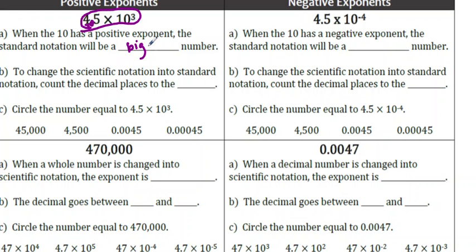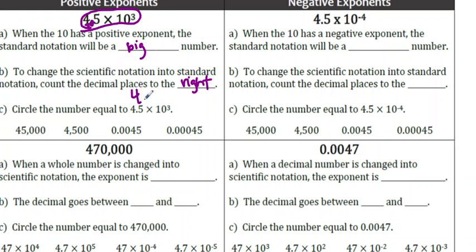Standard notation is normal. To change the scientific notation into standard notation, count the decimal places to the right, because remember we're making the number bigger, so we go to the right. Alright, circle the number that equals 4.5 times 10 to the third. Okay, remember this exponent tells you how many spaces you're moving your decimal.